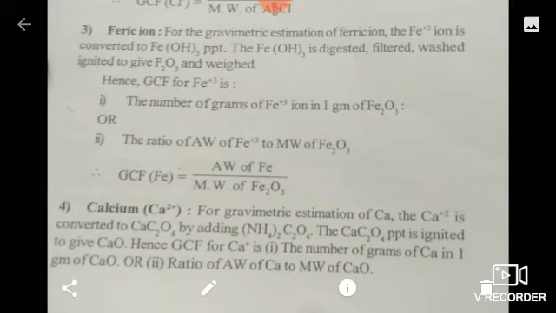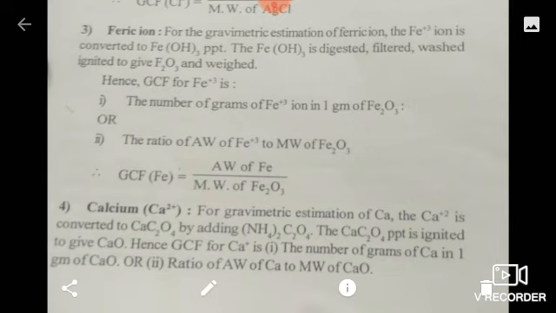Then next one is the gravimetric conversion factor for ferric ion. For the gravimetric estimation of ferric ion, the Fe plus 3 ion is converted into ferric hydroxide, Fe(OH)3 precipitate. The Fe(OH)3 is digested, filtered, washed, and ignited to give Fe2O3, that is ferric oxide, and weighed.